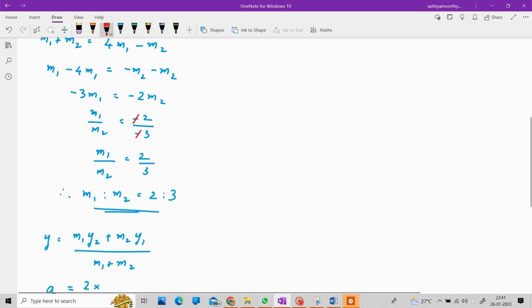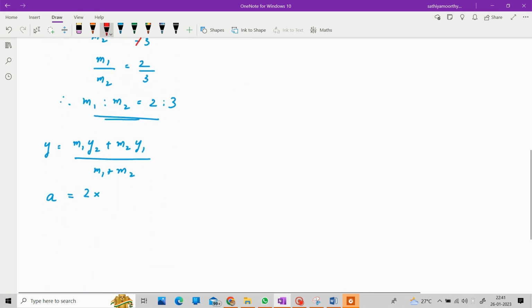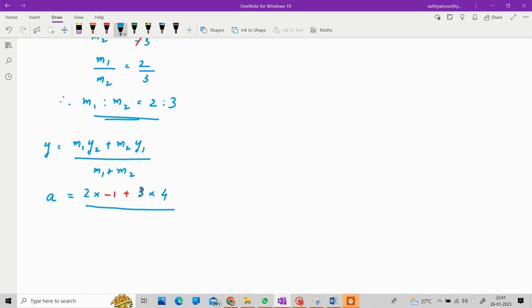So let me substitute it. y2 is minus 1 plus m2 we have found out 3 into y1 is 4 divided by m1 plus m2, 2 plus 3.